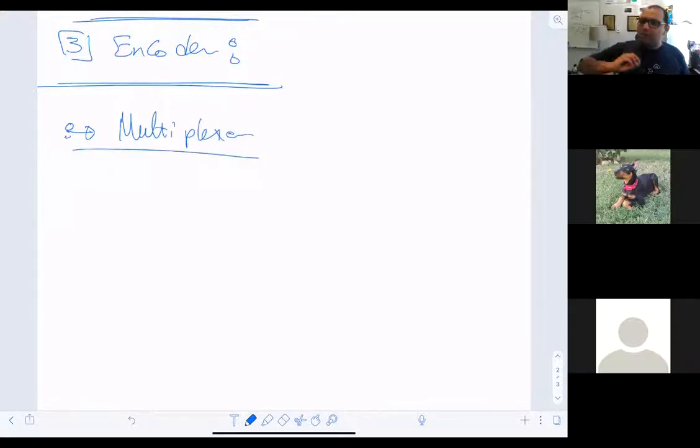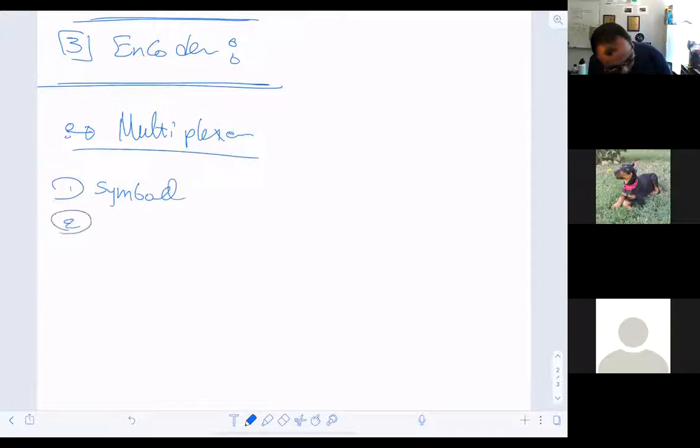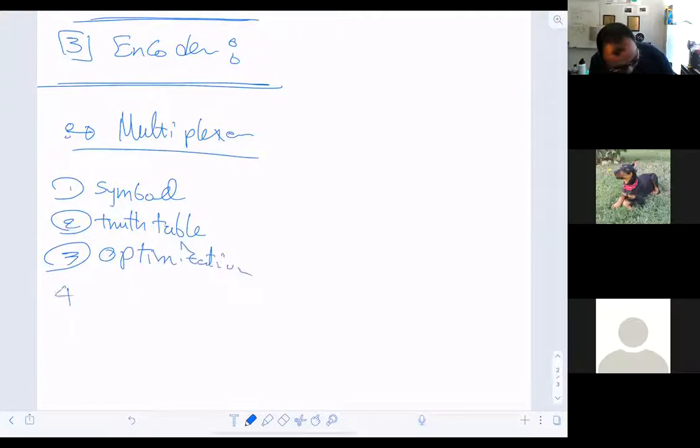When I talk about something, we have to discuss what? One, the symbol. Two, truth table. Three, optimization. Four, use case.